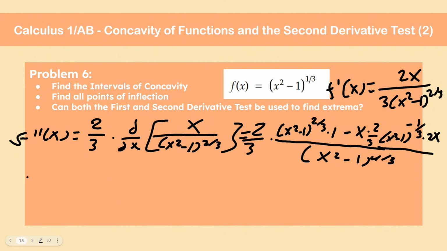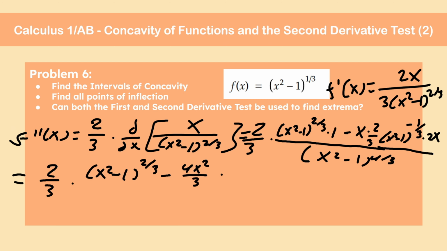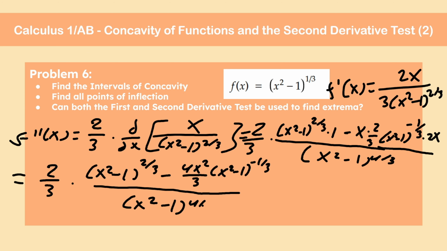Okay, so now I'm going to simplify this a bit more. So we have 2 over 3 multiplied by (x squared minus 1) to the power of 2 over 3, minus 4x squared over 3 multiplied by (x squared minus 1) to the power of negative 1/3, all over (x squared minus 1) to the power of 4 over 3.